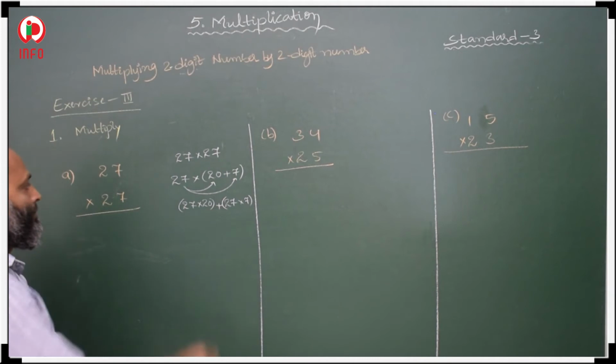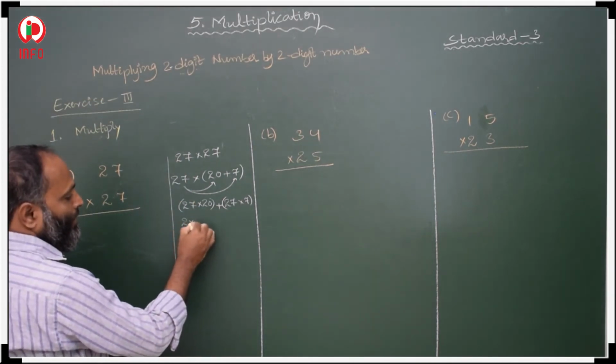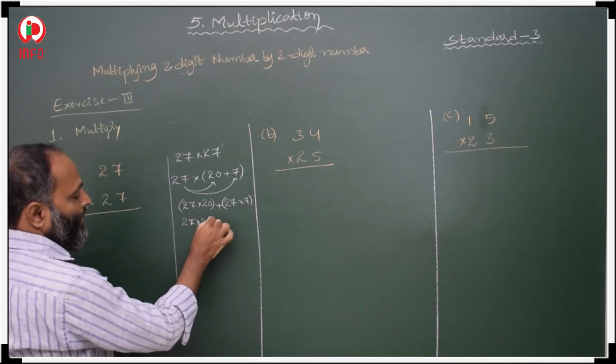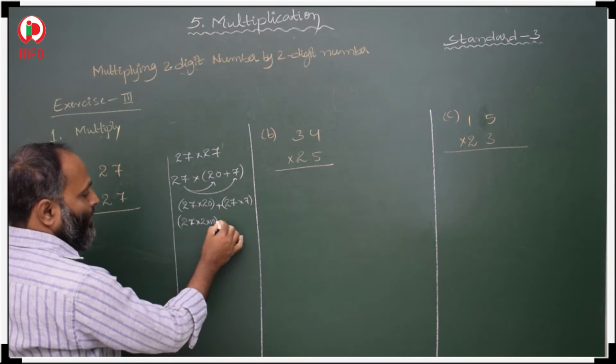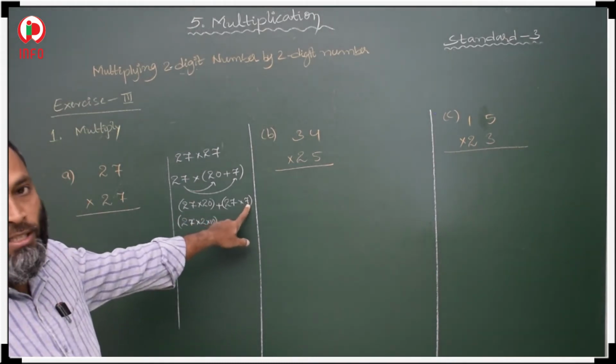Then how to do this? 27 with 20 means 2 tens are 20 plus. Then how to multiply this? 27 with 7.